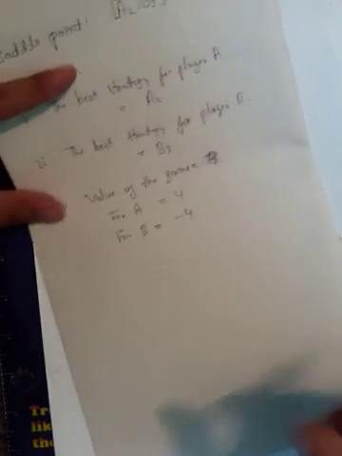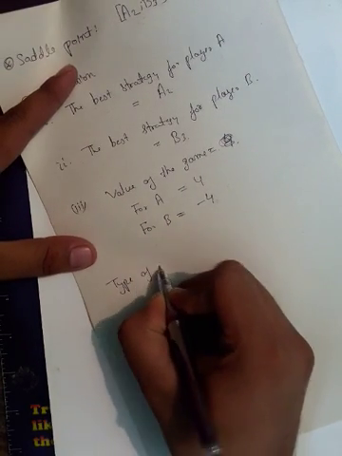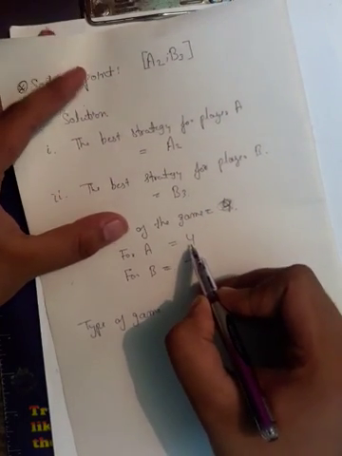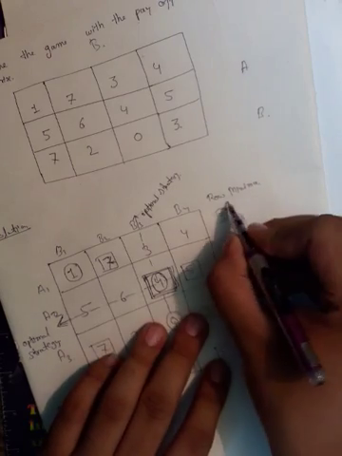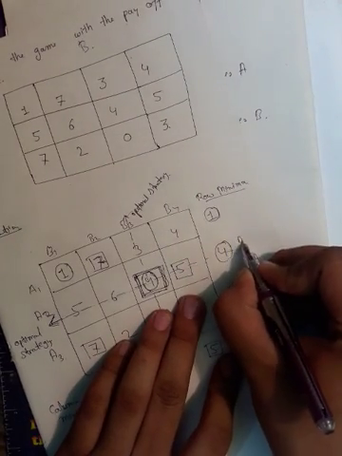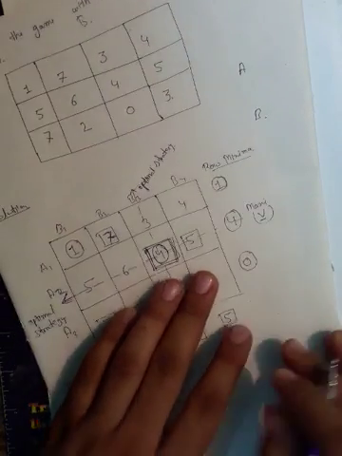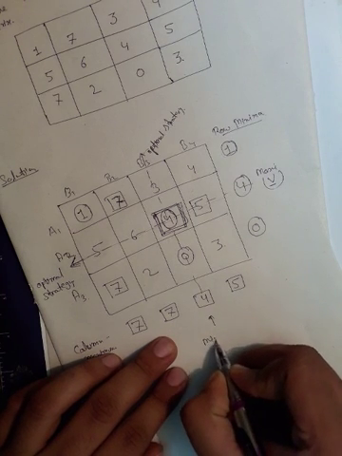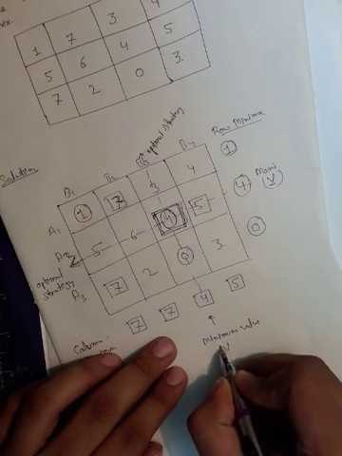Also one thing here, write the type of the game in this solution. Type of game. Since the value of the game is not 0, write it here as the maximum of the row minimums, denoted by V under bar, and the minimum of the column maximums, denoted by V bar.